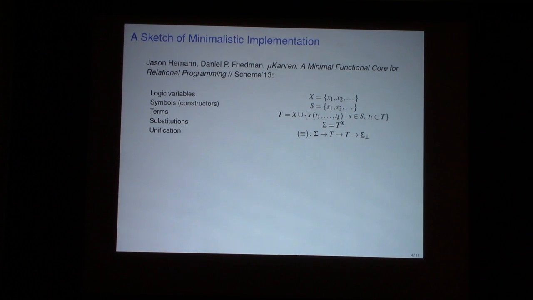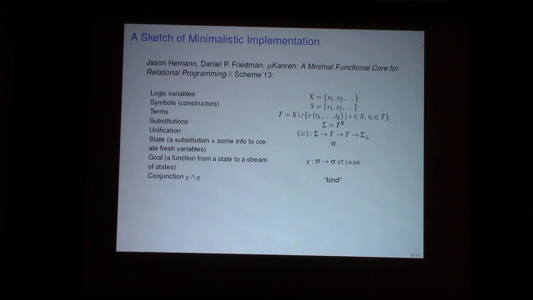And it can fail. Also, there is a technical notion of state which holds the current substitution, some information on how to introduce new fresh variables, and maybe some constraints on variables if we implemented constraints.